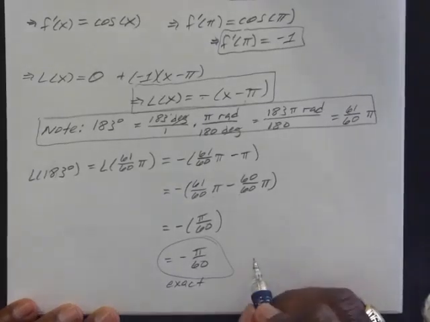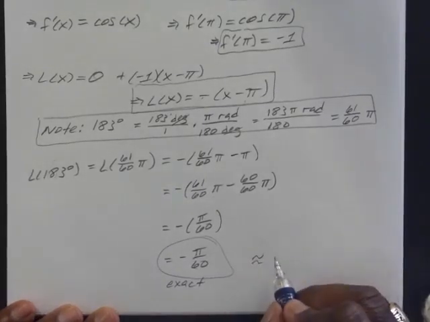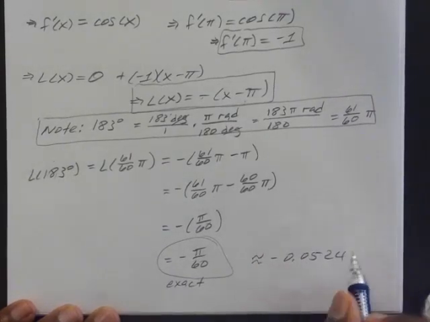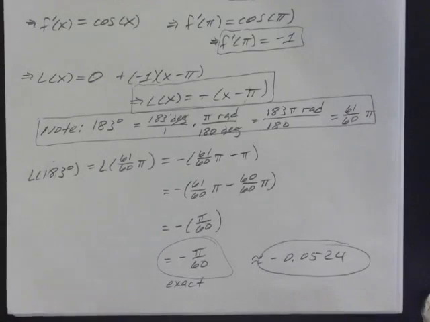And if you plug that into your calculator, you get approximately negative 0.0524, rounded to 4 decimal places.